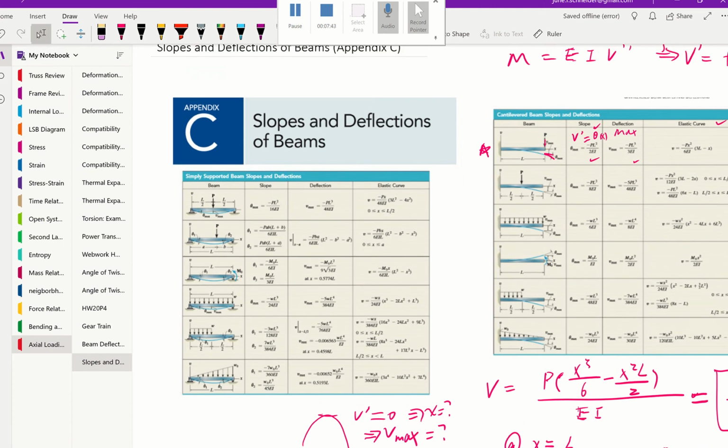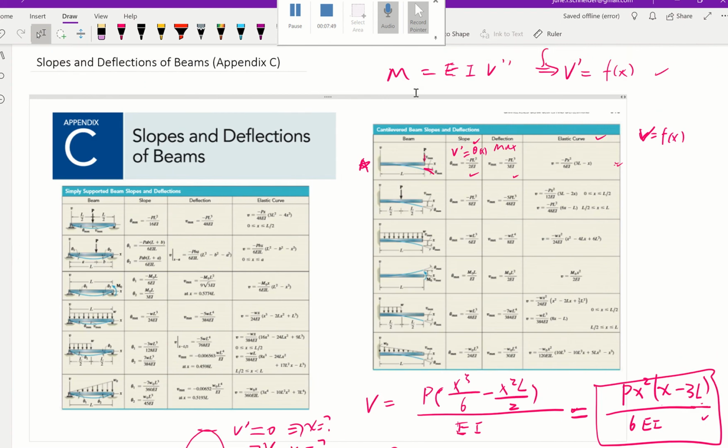Imagine if you have done all these types of beams listed over here, starting with this governing equation and integrating, and considering the boundary conditions, you will find all those properties here: the elastic curve, which means the deflection function, and also where the maximum deflection happens, and the maximum slope.